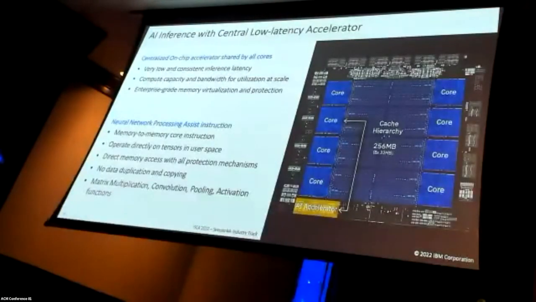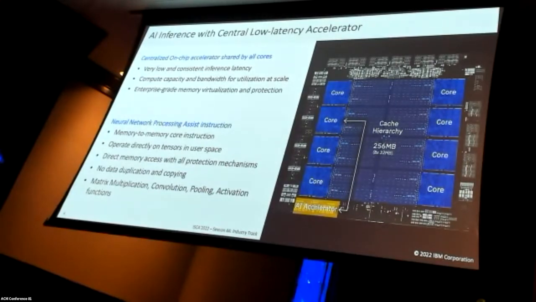The design we came up with is this centralized on-chip accelerator I was mentioning, where the accelerator is a first-class citizen, just like any core, connected directly to the cache hierarchy with over 256 megabytes of cache on each chip. So a large footprint that can also be used for AI, but of course should not disturb too much the existing workload too.